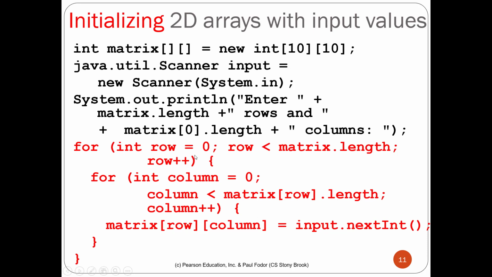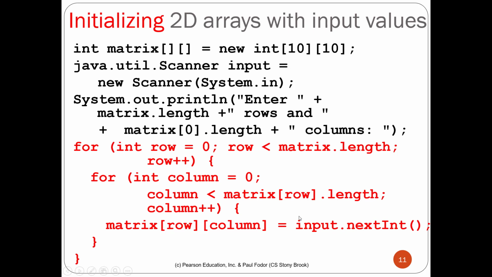Okay, fine. So when you pick row equal to 0, you'll get in, and then the column would be 0. So for the first element you'll have row as 0, column as 0. That means the value that the user provides will go in row index 0, column index 0.